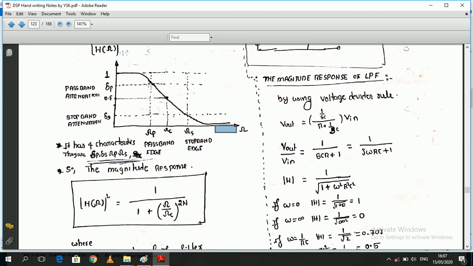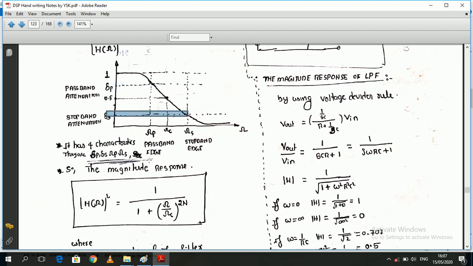If you observe these 2 points, and the cutoff frequency with 0.5, by using these 3 points we can draw this line. After that you can observe that this is called the pass band edge frequency, this is called the stop band edge frequency, this is 1, the magnitude is 1, and this point is called del p, that means pass band attenuation. This is called the stop band attenuation.